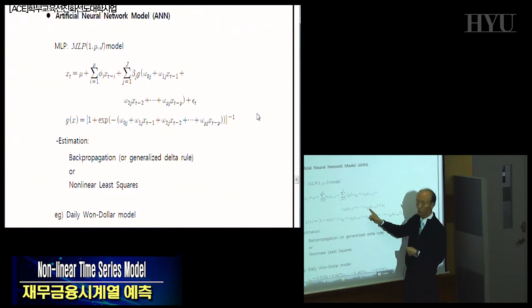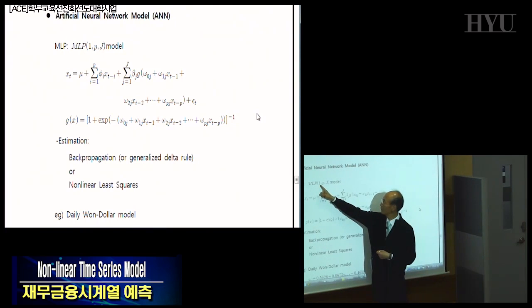If j is 2, then omega_{0,2}, omega_{1,2}, omega_{2,2}, up to omega_{p,2}. Different parameters, so different weights. It's very similar to principal components: different weights, then you get a different number. How many different sets of omegas? There are J of them.